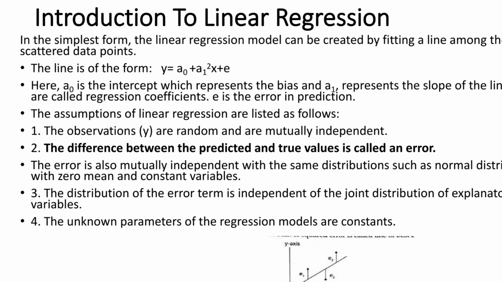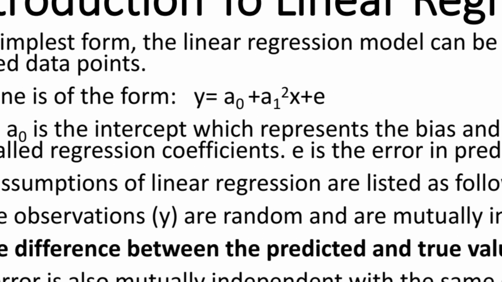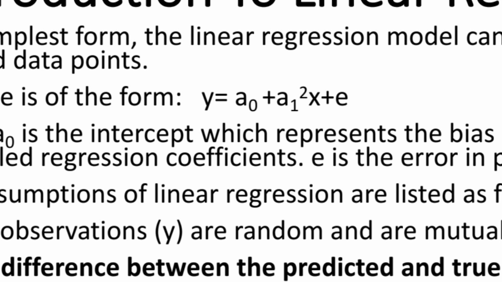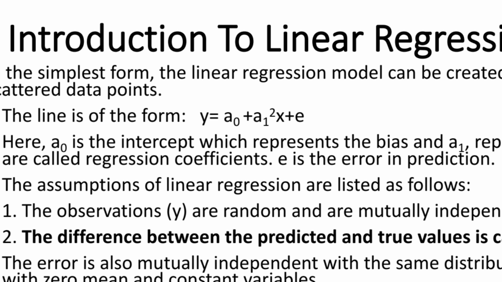These two, a naught and a1, are called regression coefficients. As you can see in this equation, y equal to a naught plus a1 x plus e, that e is the error introduced.